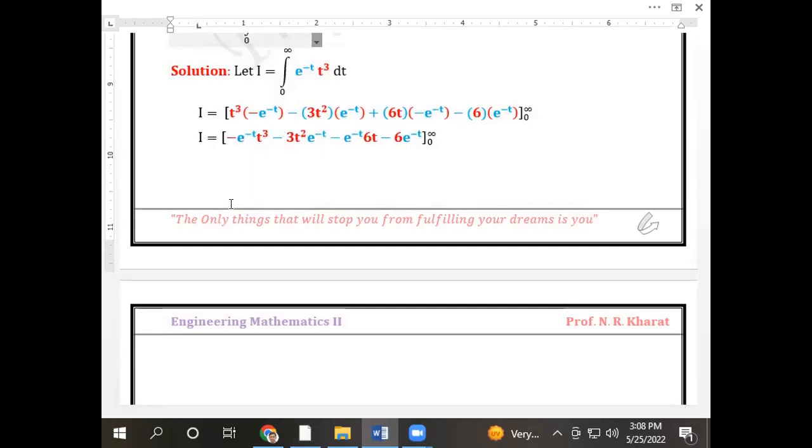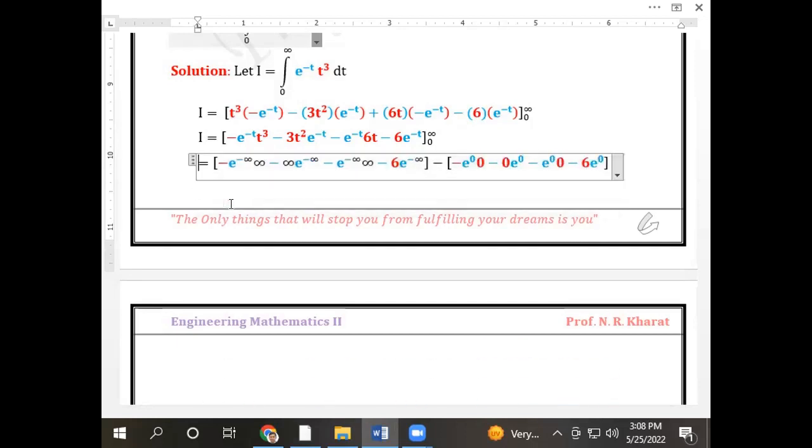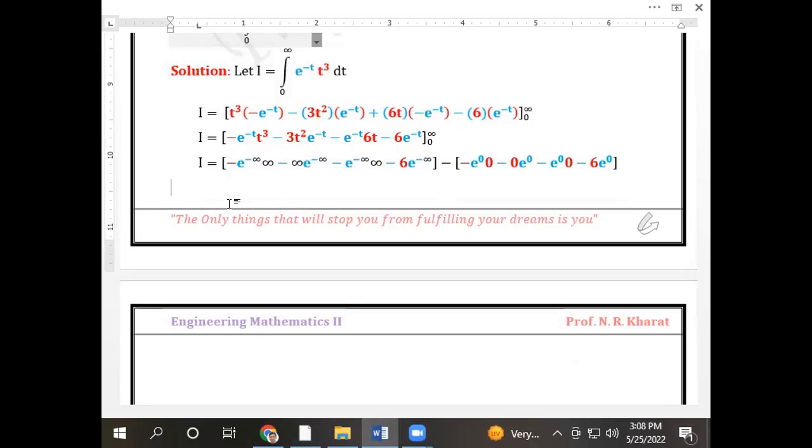Putting in the upper and lower limits, we know that the exponential function runs faster than the algebraic function. So the first bracket becomes 0, and in the second bracket we get only 6. And we know that 6 can be expressed as 3 factorial.